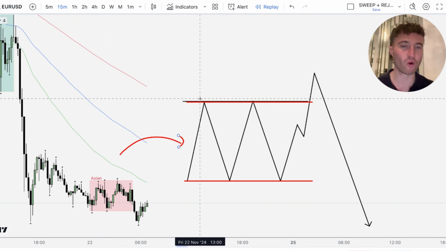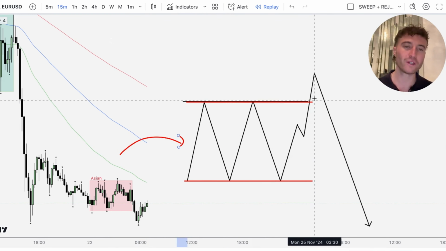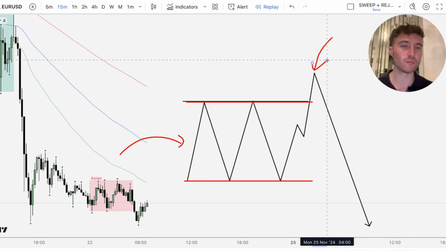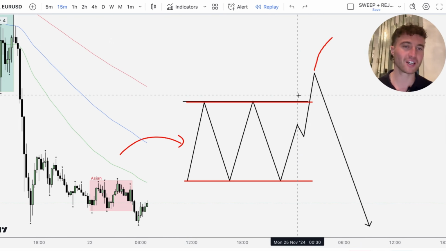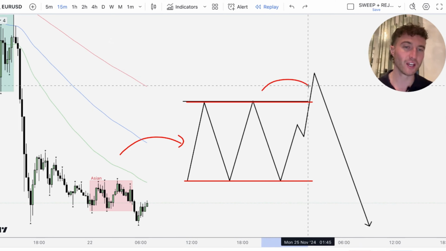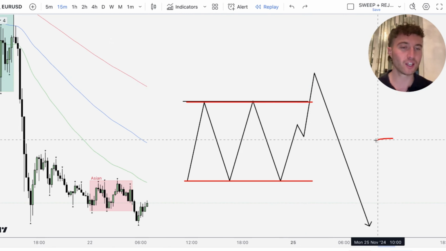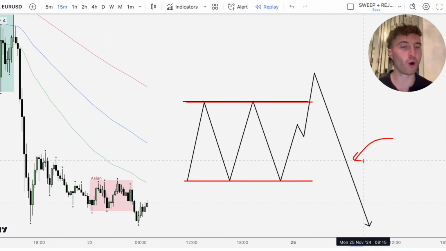This is a range right here. And then what we see is number two, which is the manipulation. So we're manipulating this buy side liquidity right here. And then step number three is simply the distribution, and that is the trade right here that we are taking part in.